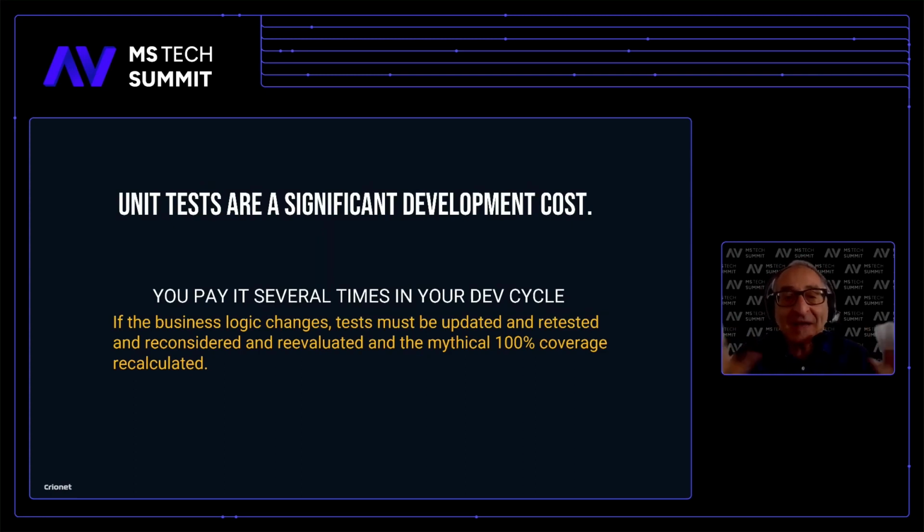It doesn't have to be a matter of quantity, like I test every single method. If you test every single method and just have assert true, you have 100% code coverage, but it makes no sense. It must be recalculated.